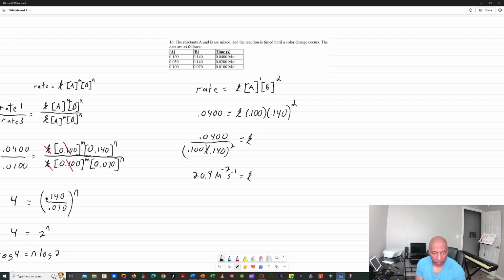Now again, instead of writing M to the negative 2, I could say liters squared per moles squared per second, is equal to k. So it's first order with respect to A, second order with respect to B, and the value of k is 20.4, and the units for k are liters squared per mole squared per second, or M to the negative 2 s to the negative 1.